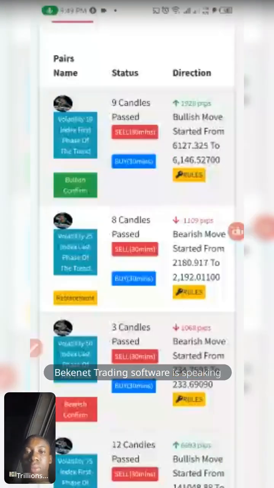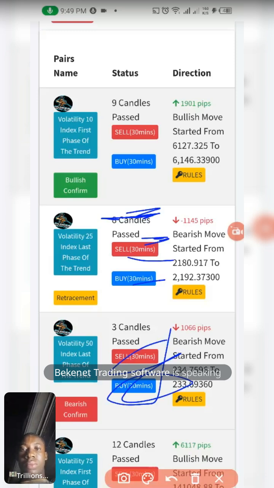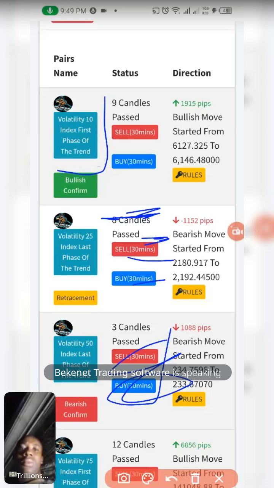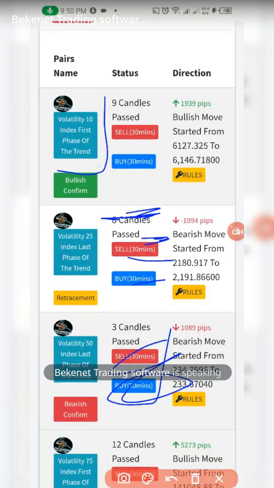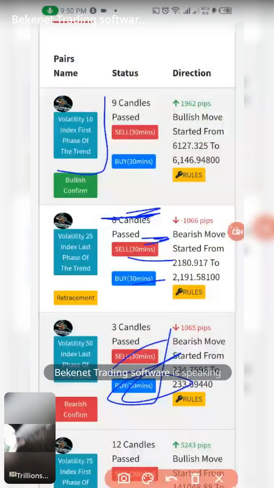If your daily trend direction is telling you bullish move, let's say for instance Volatility 10, we have a bullish move on the daily time frame. From my analysis, or if you're using our trend direction or your own personal analysis, you just want to enter the market when the price is moving in that particular direction, be it buy or sell, because each time frame has where they start, be it 1 minute, 5 minutes, 15 minutes, 30 minutes.